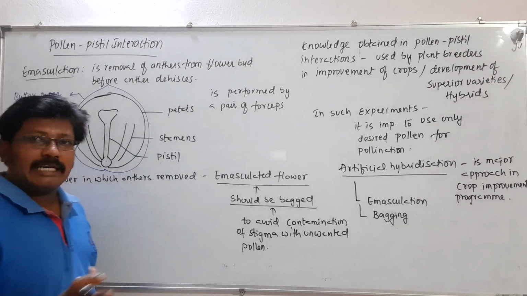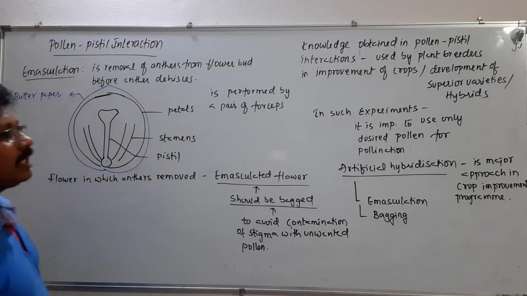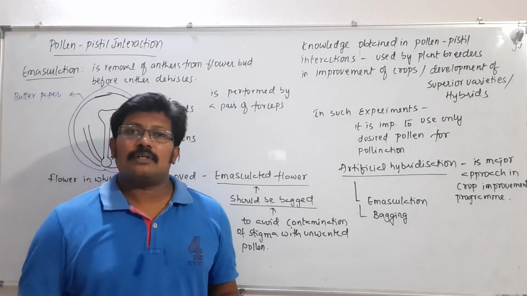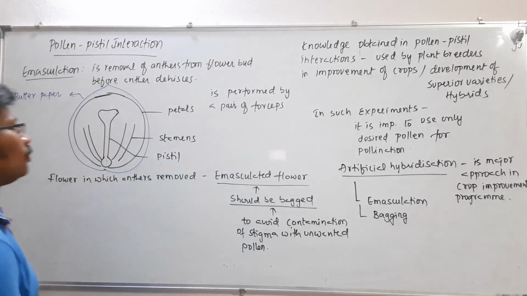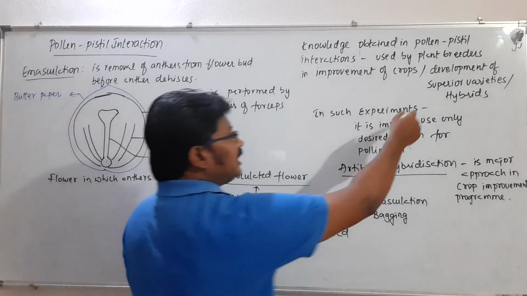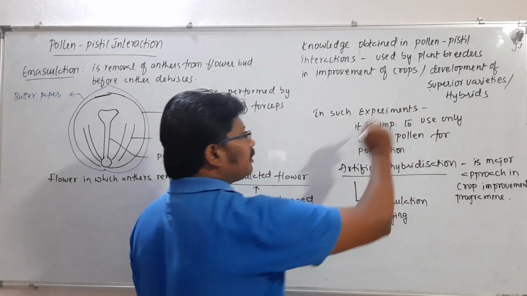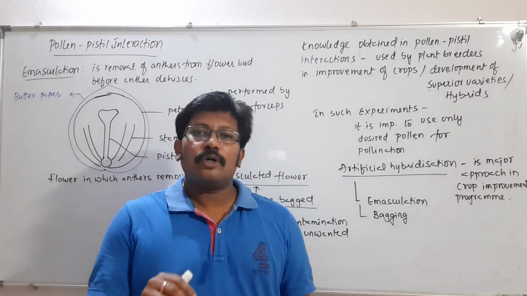We do not like any other pollen to settle on the stigma and finish the process of pollination and then fertilization, and so we want to produce these superior varieties or hybrids, right? It can happen only when we know both the parents.